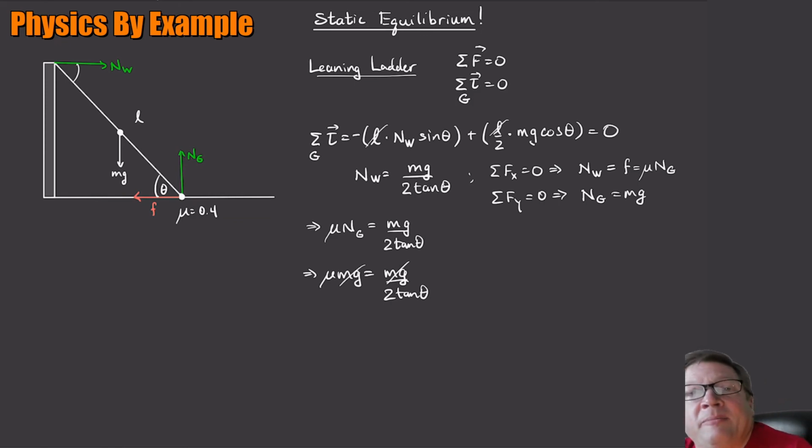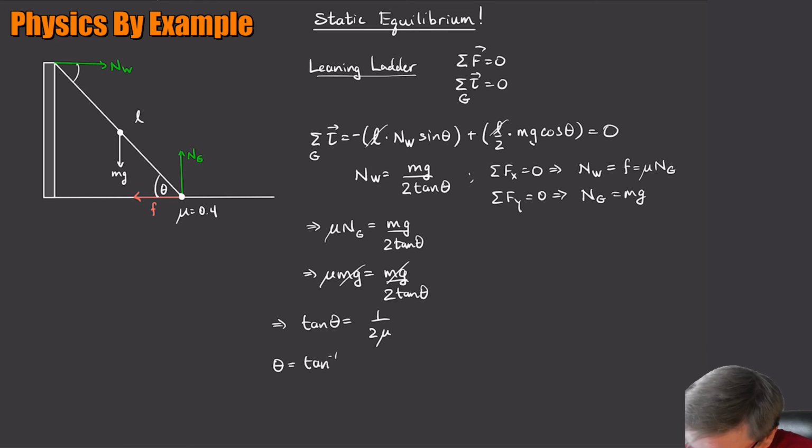It's kind of cool that the mass of the ladder and the length of the ladder don't even matter. They just divide right out. So this tells me that tangent of theta is just 1 over 2 mu. So that critical angle theta is just the inverse tangent of 1 over 2 mu. Okay, that's nice and simple.